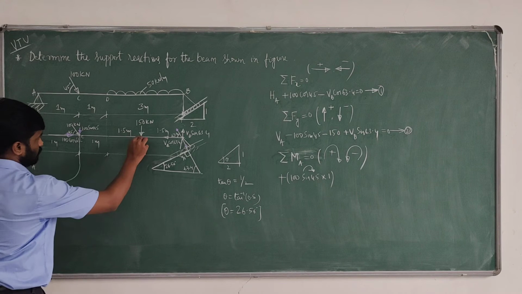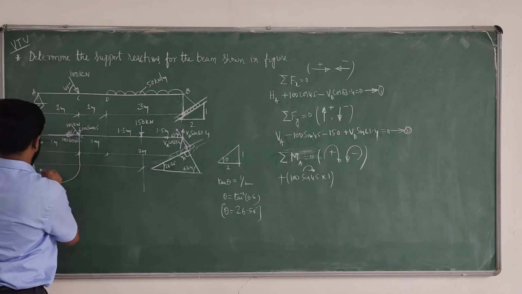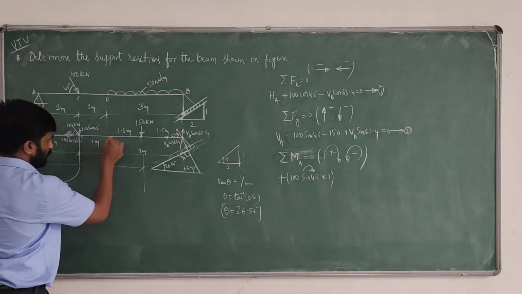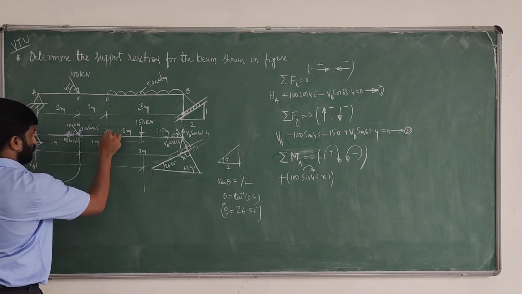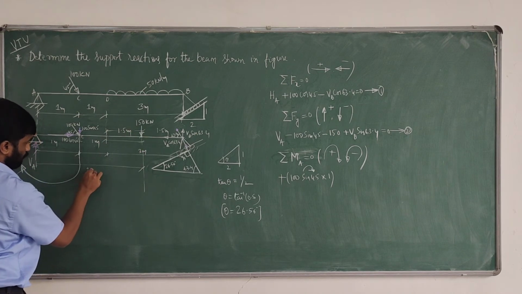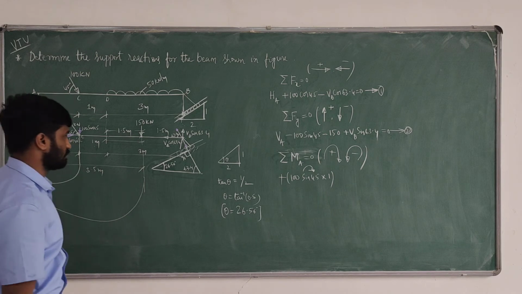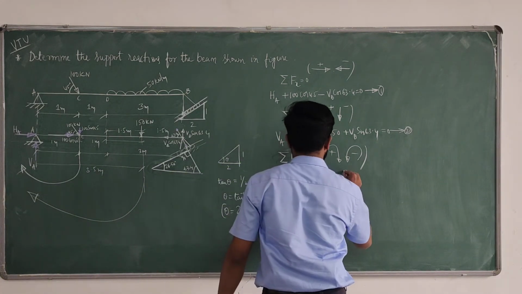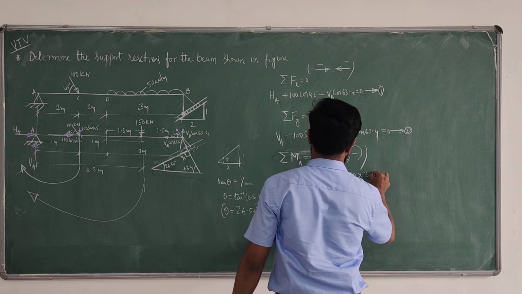Next, this 150 acts at the total perpendicular distance, 1 plus 1 is 2, plus 1.5 is 3.5 meters. It takes a turn towards A in clockwise. So plus 150 multiplied by 3.5.